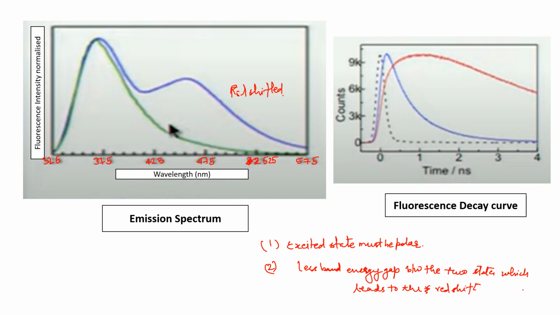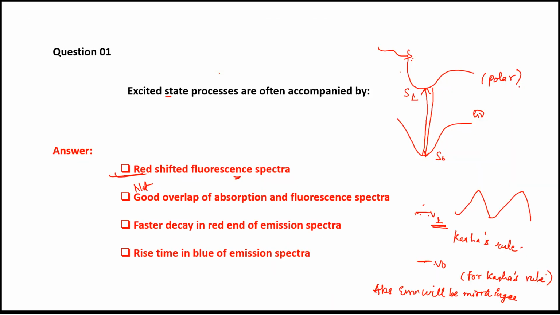The example for this is shown in this spectra, which shows the normal emission where the excited state of the molecule does not have another interaction. But in this case, the excited state has a certain shift which is responsible for the emission at a higher wavelength.